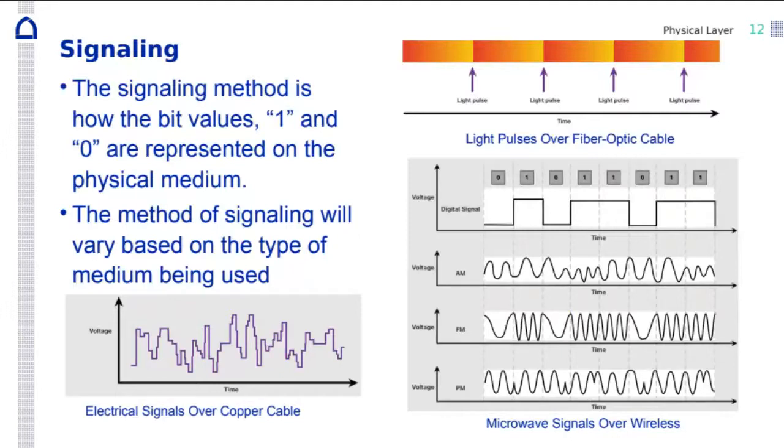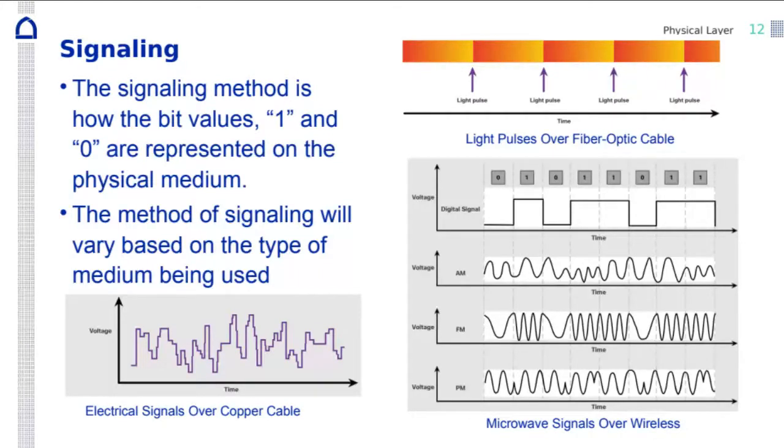Signaling. The signaling method is how the bit values 1 and 0 are represented on the physical medium. Meaning if it is 0, maybe you are getting high volt. If it is 1, low volt, or the opposite. So the method of signaling will vary based on the type of medium being used. If it is fiber, we are using light pulses.